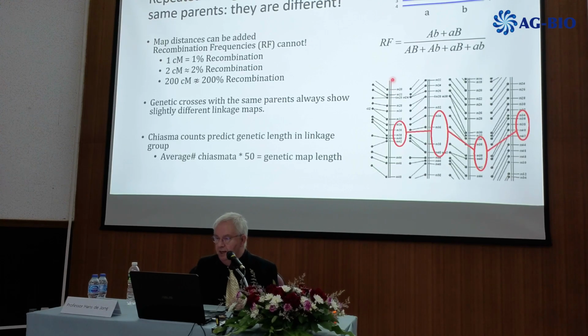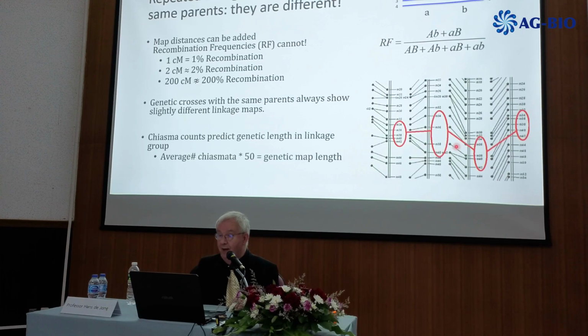What you now see here is a small part of a linkage group obtained by simulation experiments. You see that the markers are more or less, but not entirely, in the same order, the same sequence, but the distance between the neighbor markers is sometimes very, very different.